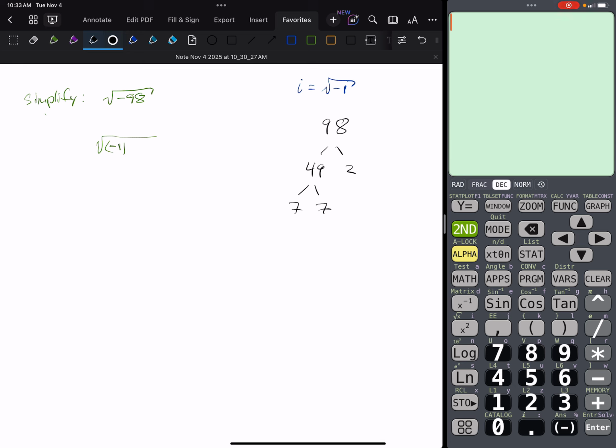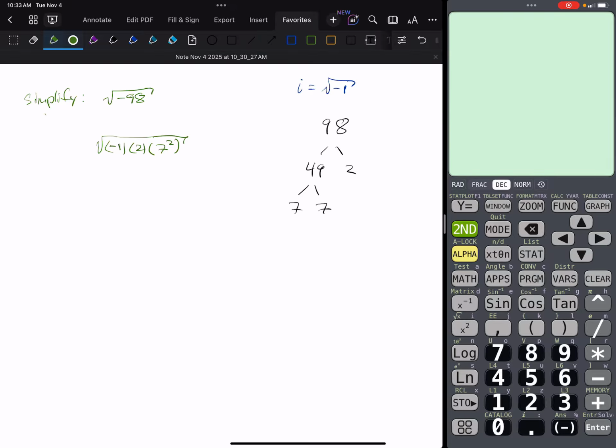And so what I can then do here is rewrite this as, I've got my -1 under the radical, I've got a 2 under the radical, and then I have a 7 squared under the radical. Well, I can break that radical up because that radical is nothing more than a fractional exponent. I can break that radical up about the individual factors. Factors means multiplication.